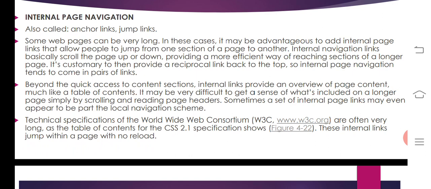Say for example, on the W3C.org website, you can get PHP information, HTML information, then that is a separate link. CSS link also and XML link also. W3C is an organization that invented all these things. That separate link is there. You can click on it and get the information. Related links, you can get the internal page navigation.